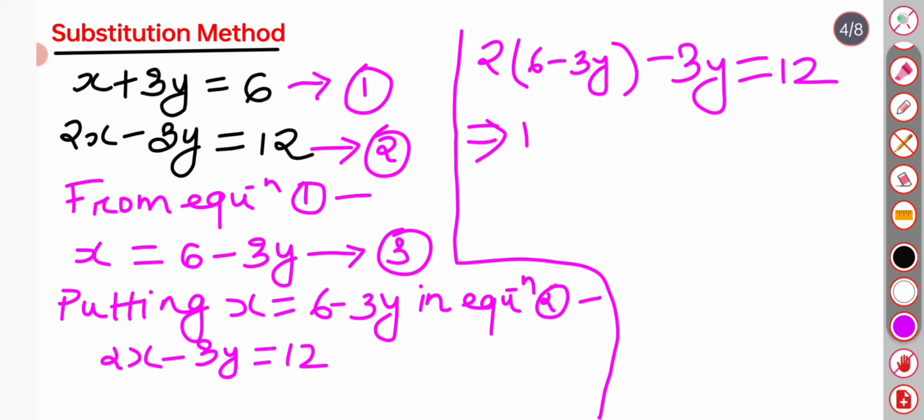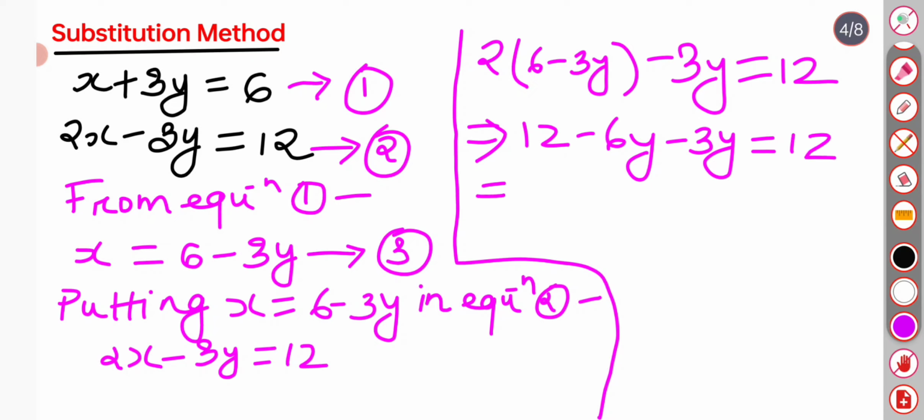So multiply this. 2 sixes are 12, minus 2 threes are 6y, minus 3y equal to 12. So 12 minus 6y minus 3y, how much? 6y plus 3y, so minus 9y, equal to 12.